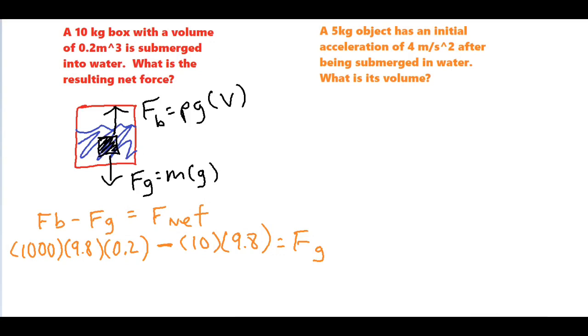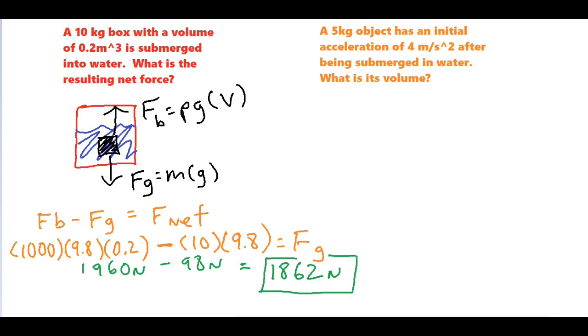So all we really need to do is find the product of those two and then subtract, and then we get 1,960 newtons minus the 98 newtons of weight, and that gives us our final answer of 1,862 newtons as our final net force, and that is directed upwards because that was from our buoyant force.